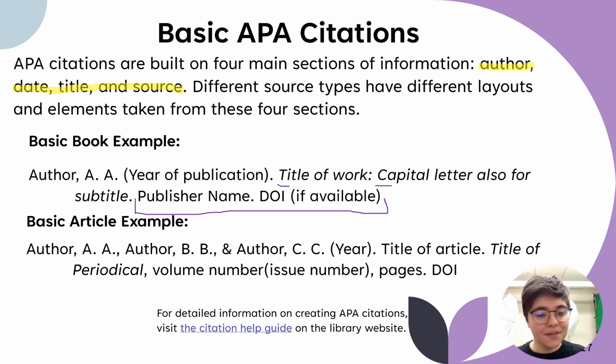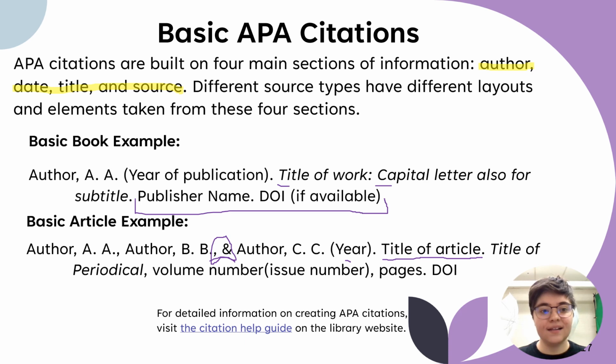Make sure you put commas between all of the authors and use an ampersand between the last two authors. The year is exactly the same as with books. It just goes in those parentheses. Your article title will also match the same capitalization, but you do not italicize the article.